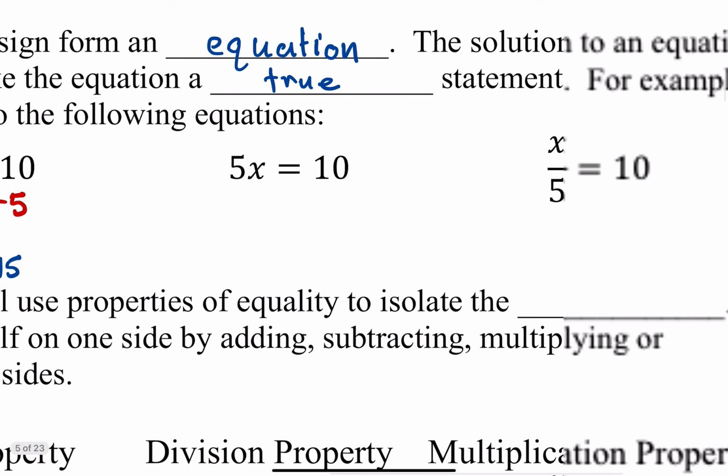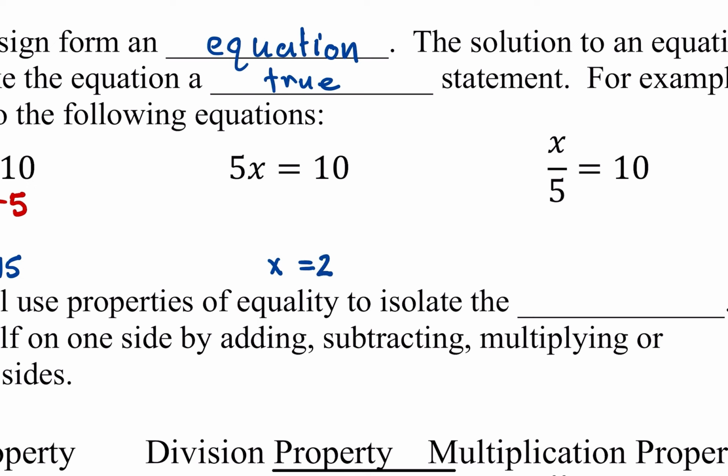On the next one, they're written next to each other. This is multiplication. And again, we saw this when we replaced a value, you just multiply them. So you could easily see if you were to replace x with a 2, 5 times 2 is going to be 10. So we know that the solution here is x is equal to 2.